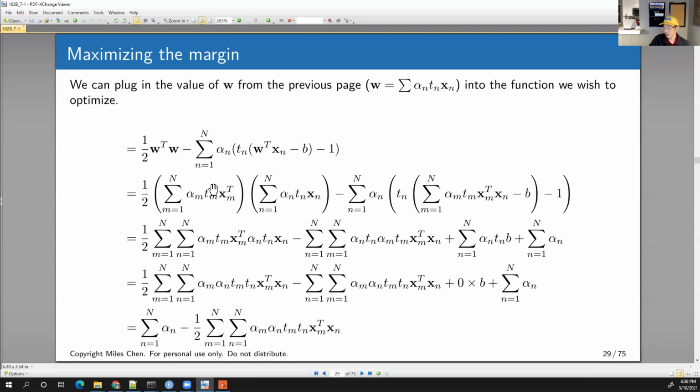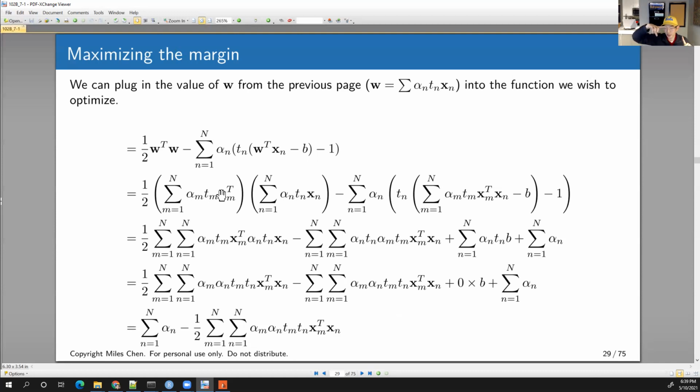And so here we have to take the sum of all possible values of X. I have two different subscripts: a subscript based on N and a subscript based on M. That's just to say, because here we're going to have a product of X times X, and we want basically every single possible product.